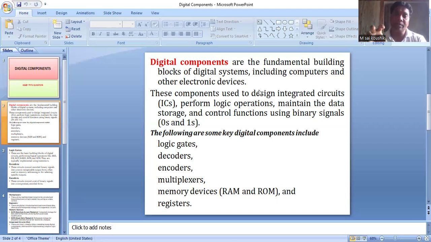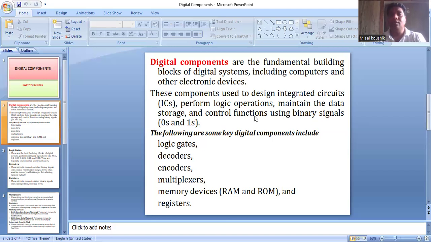These circuits take the responsibility of representing the input as an output. These components are used to design integrated circuits, perform logical operations, maintain data storage, and control functions using binary signals like 0 and 1.